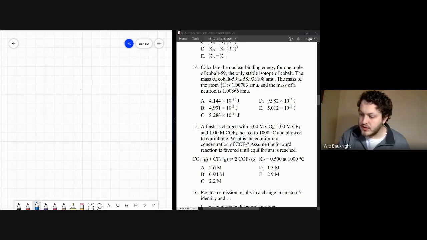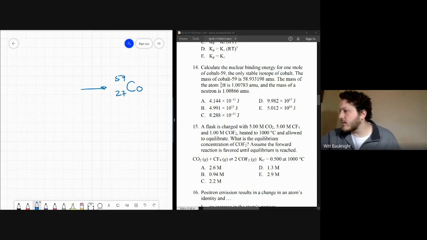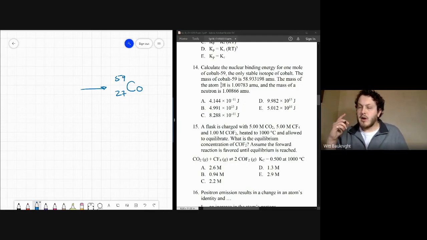We're producing a cobalt-59. Well, cobalt has 27 protons. I'm double checking that. Yes. So we aren't told what's the mass of a single proton, single electron, single neutron, but we still have to figure it out.